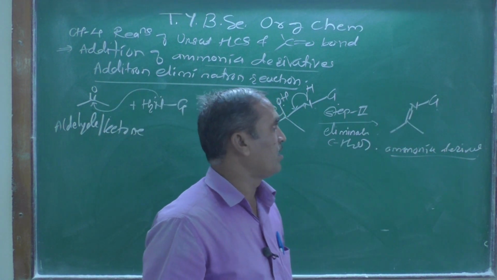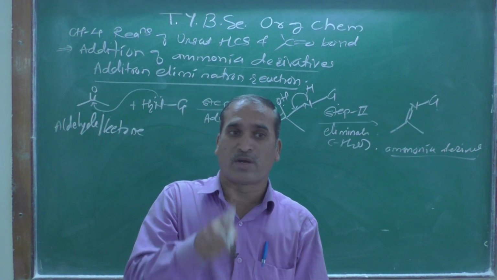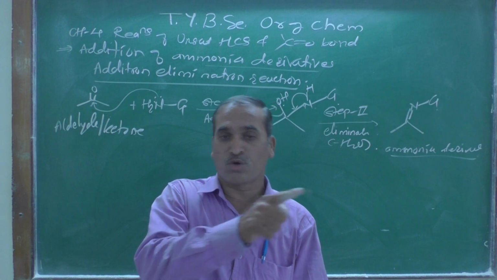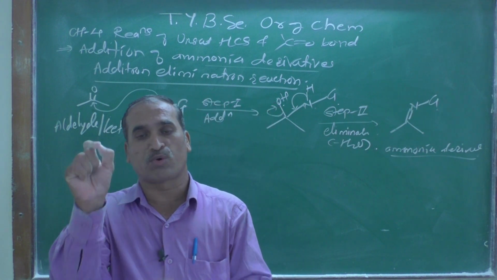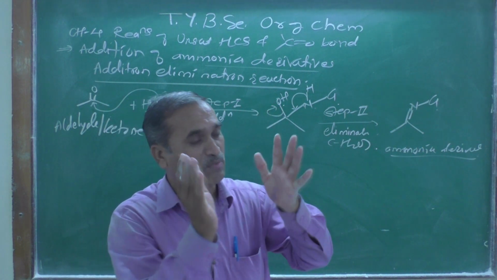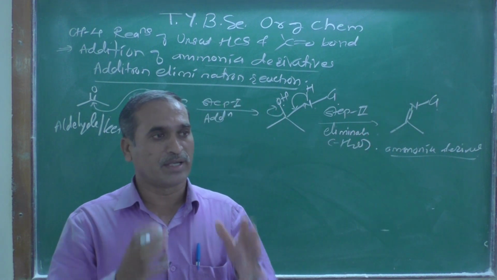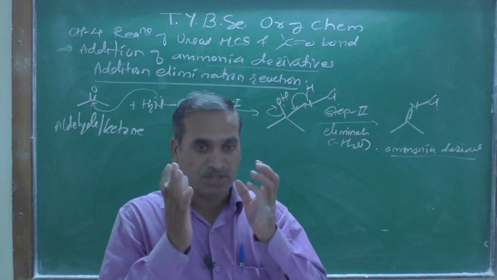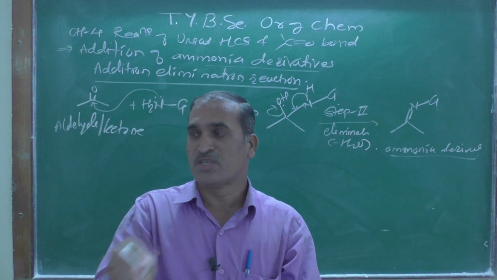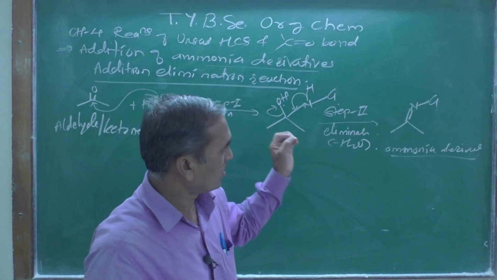Here a new hetero bond is formed. A carbon-nitrogen double bond is always formed with an ammonia derivative, and that's why these reactions are very sensitive toward the pH.